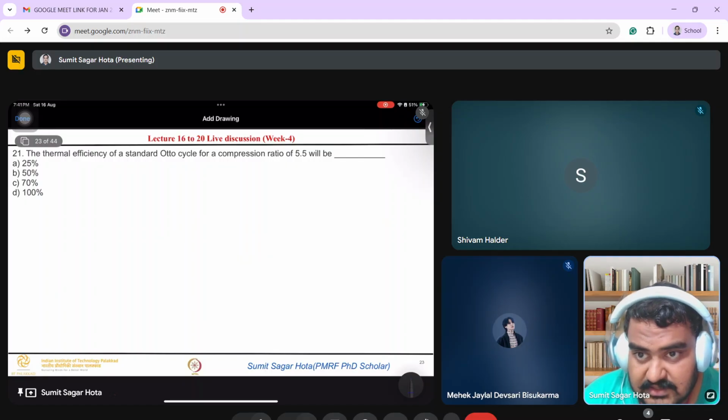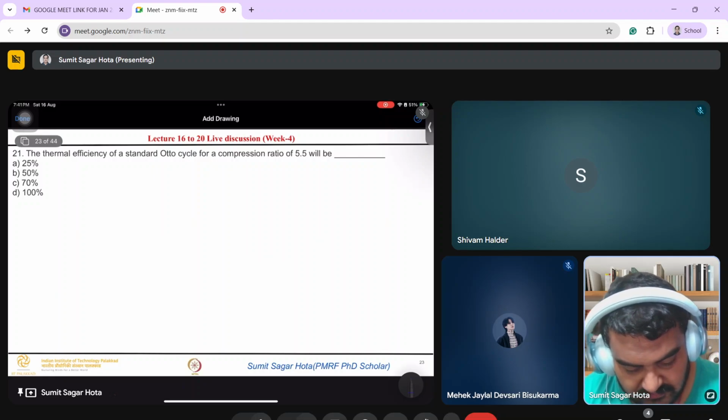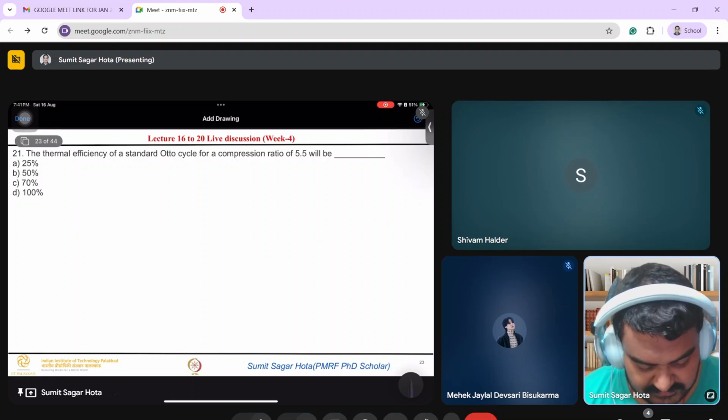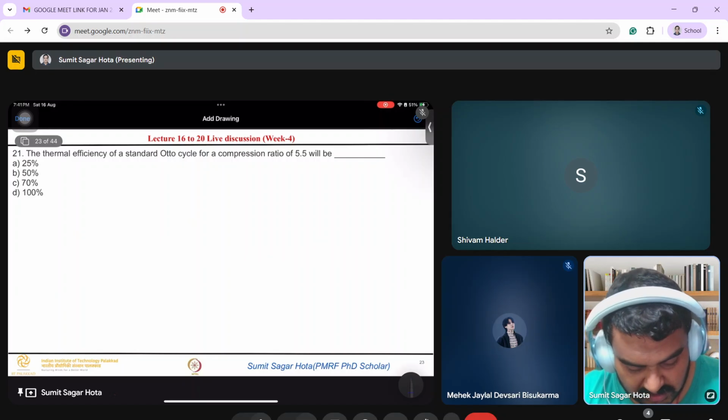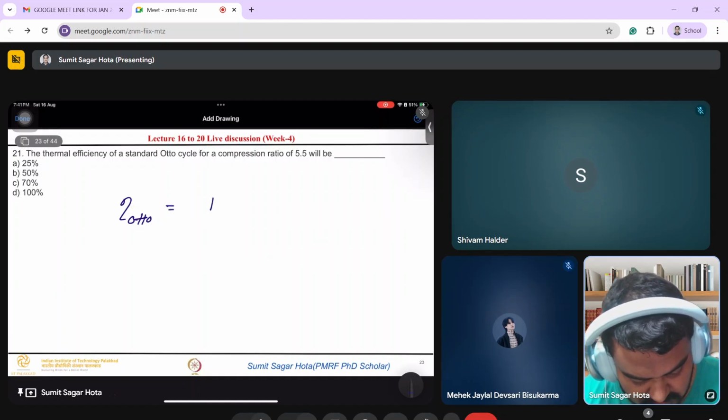The thermal efficiency of a standard Otto cycle for a compression ratio of 5.5 will be dash. If you know the formula of the efficiency of Otto cycle, then only you can do this question, otherwise you can't. The efficiency of Otto cycle is 1 minus 1 by r to the power gamma minus 1.